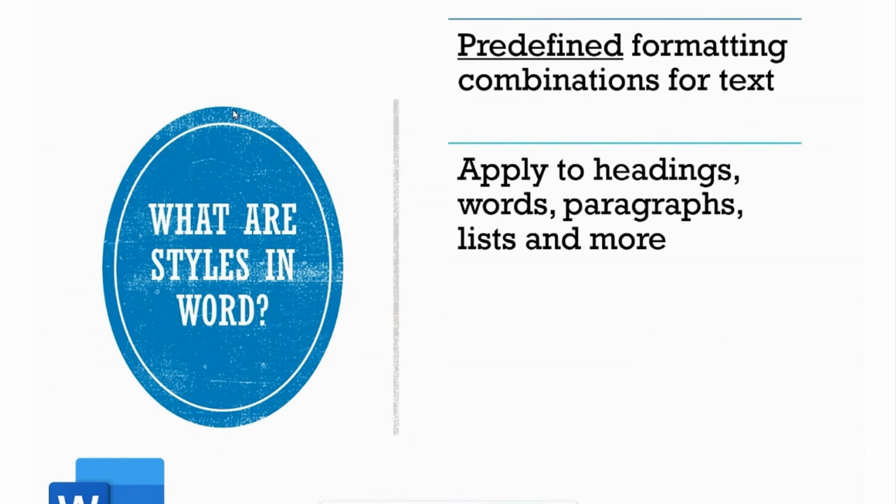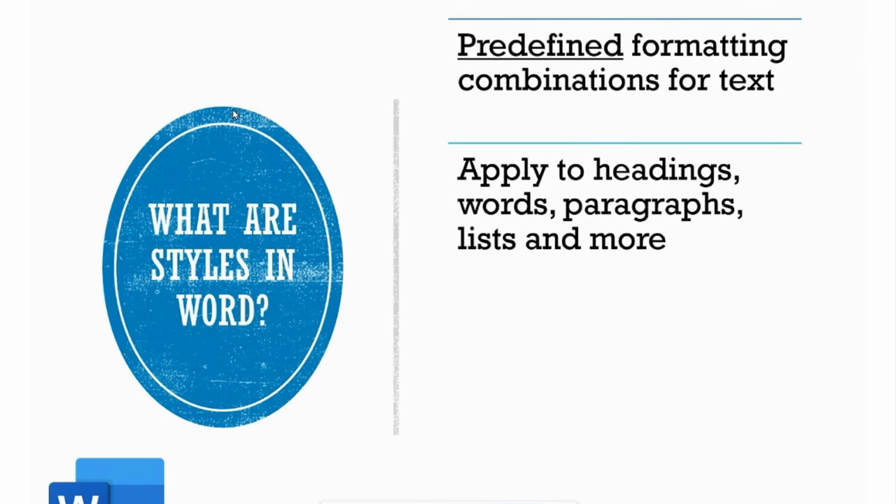Because it's already done for you from Word, but also possibly custom by you, where you're making your own personalized style. So again, it's a predefined format, so you don't have to spend time creating something or looking for it. It's also going to allow us to have efficiency and consistency. You're going to hear me use that term quite a bit.